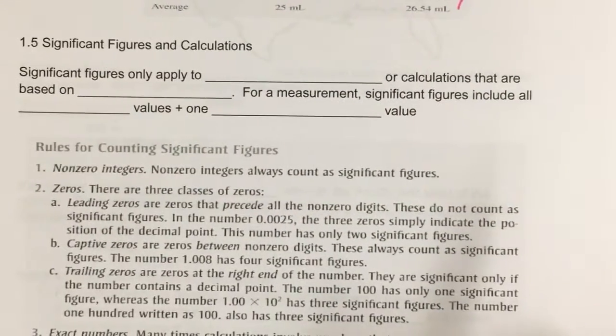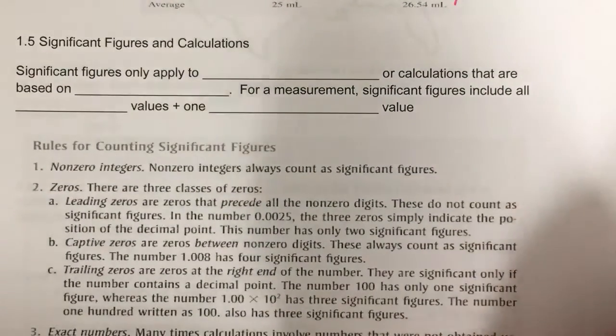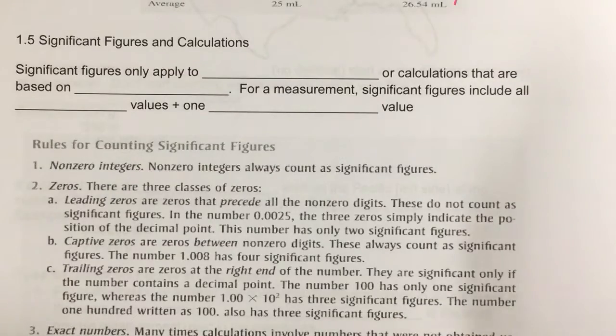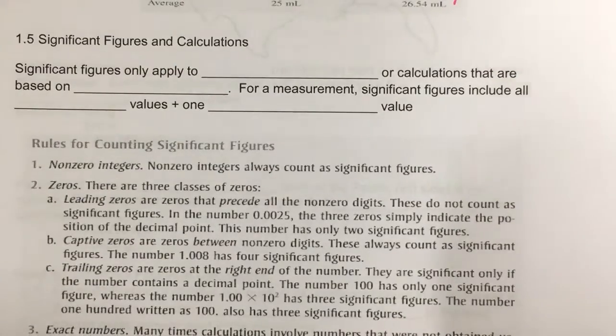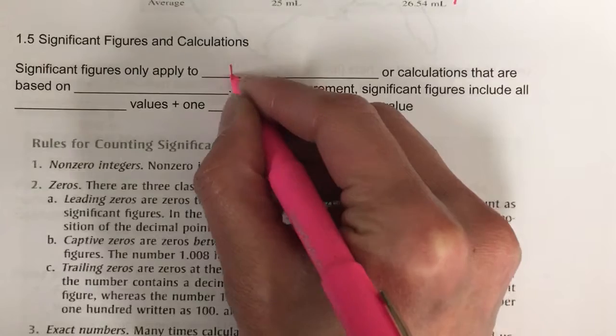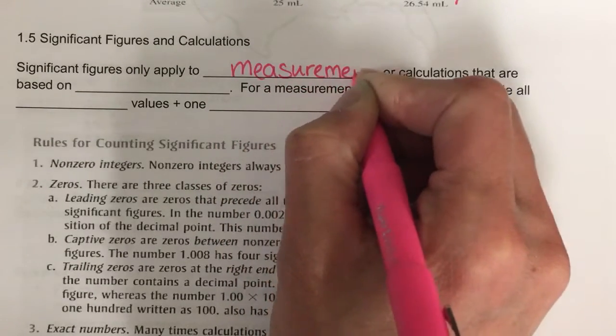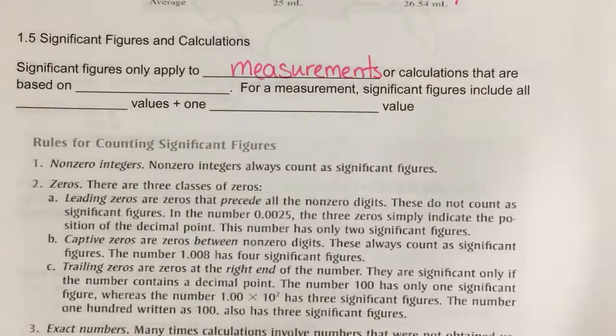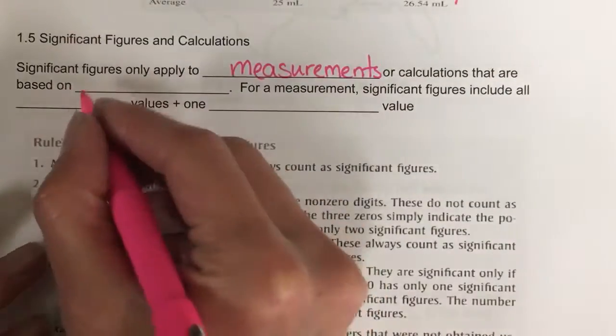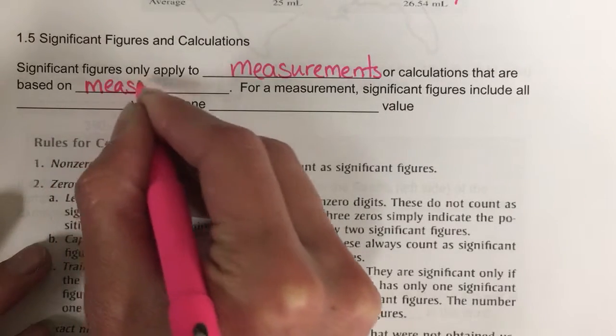Now, when we talk about measurements, we have to talk about something called significant figures. Significant figures only apply to measurements or they apply to calculations that are based on measurements.